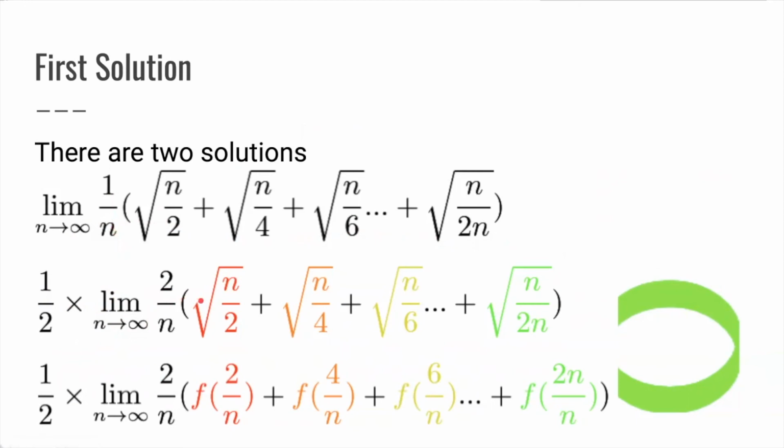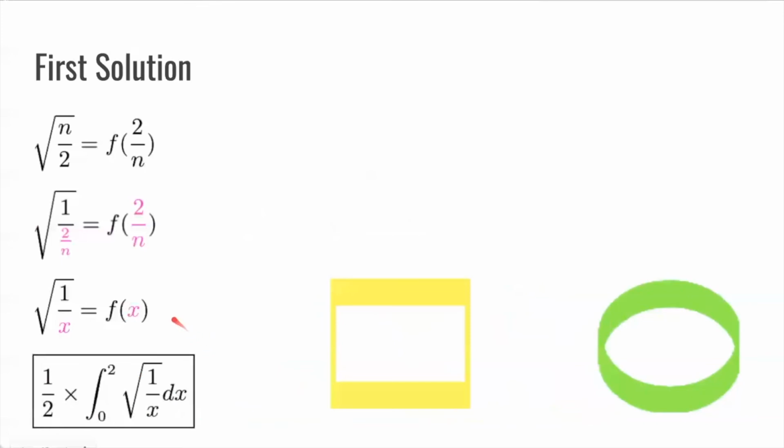All right, and so now this right over here is the Riemann sum from 0 to 2. And notice that each of the corresponding terms are equal. So the square root of n over 2 is equal to f of 2 over n, and n over 2 is the same thing as 1 over 2 over n. And now we replace every occurrence of 2 over n with x.